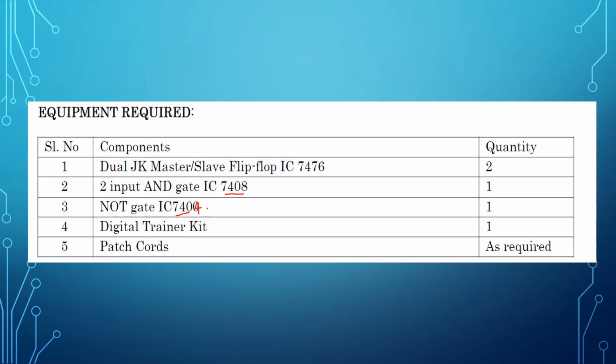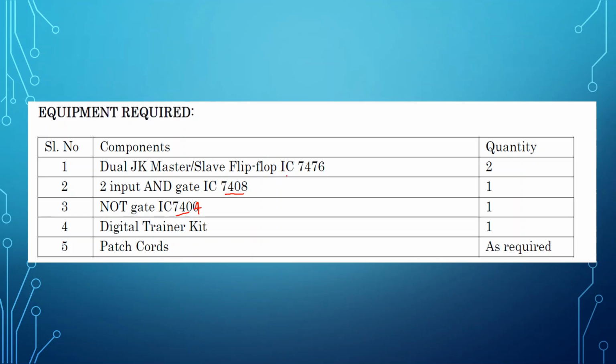The IC whose pin diagram is not known to us is 7476. So this 7476 is a dual JK master slave flip flop. JK master slave flip flop has already been studied by you. You already designed it and you already implemented it. So 7476 is a ready-made JK master slave flip flop.